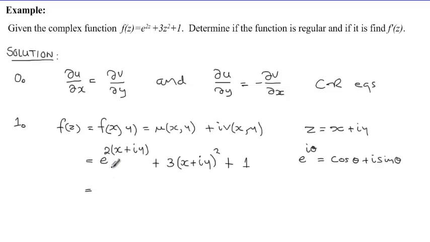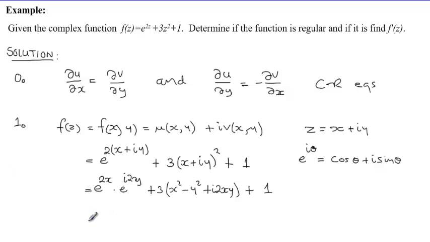So simplifying here, we have e to the power 2x multiplied by e to the power i 2y. Here we're applying the rules of exponents, same base, and then that is the product. Plus, we've already seen this, this will be 3 brackets x squared minus y squared plus 2xy times the imaginary unit, close, plus 1.